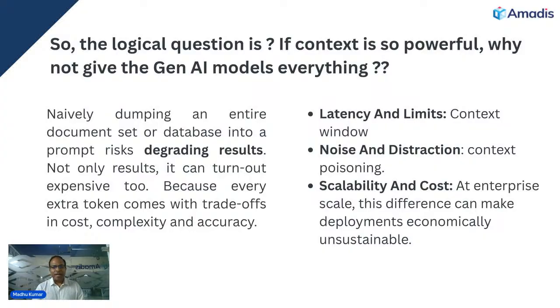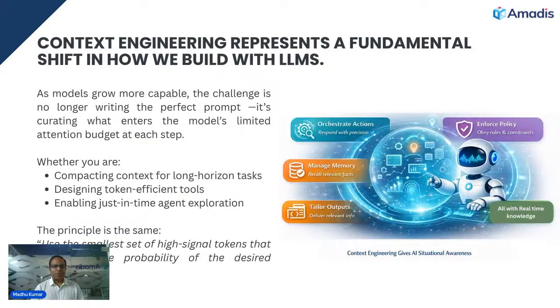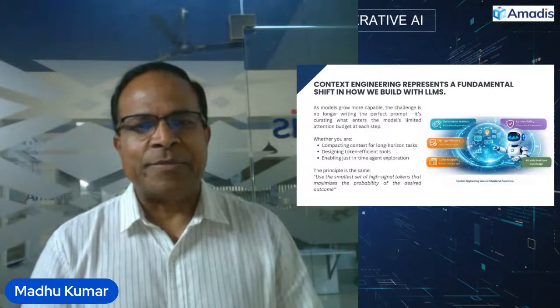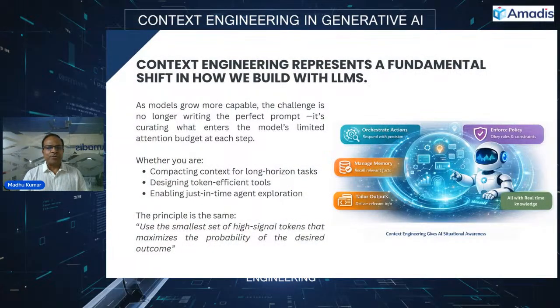Okay. With that, Sindhu, why don't I go to the next one? Now comes the fundamental shift we have to build with our LLMs. So when you look at context engineering, whatever sections you give, the context grows, and that's where we call it compacting the content. I'm using a little bit of terminology.